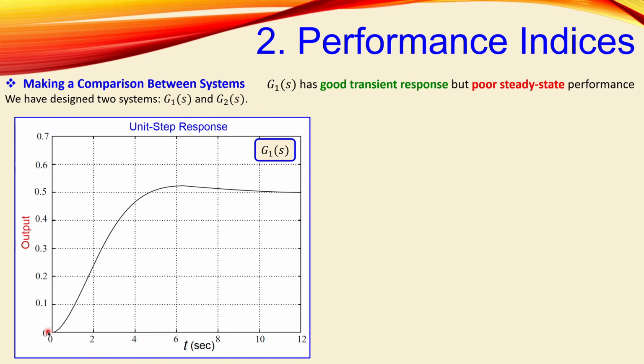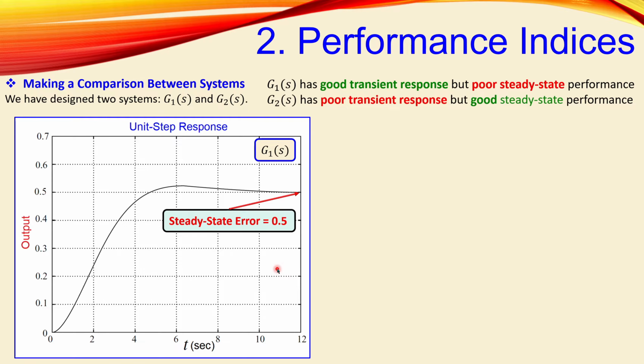This is G1, so it has a nice transient, not much overshoot. It is quite fast, but from a unit step input I only reach 0.5, so my steady state error is quite high, 0.5. I reach 0.5, but I must go to 1. So that is definitely a very poor steady state performance.